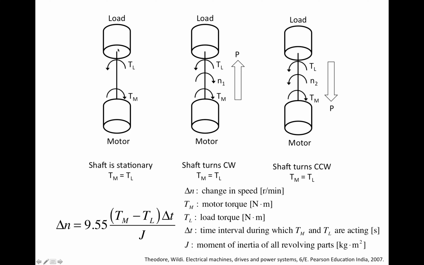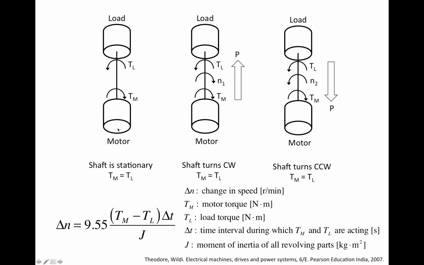Both the motor and the load exert a torque on the shaft. Suppose the load exerts a constant torque, TL, which is in the counterclockwise direction, right? And TL isn't changing with time; it's a constant torque, right? That's the load torque, and it's in the counterclockwise direction, right?